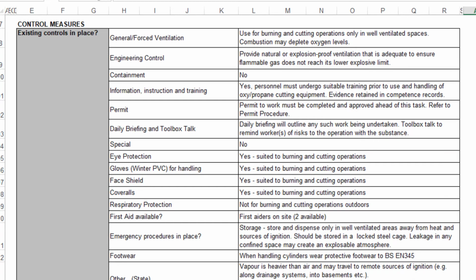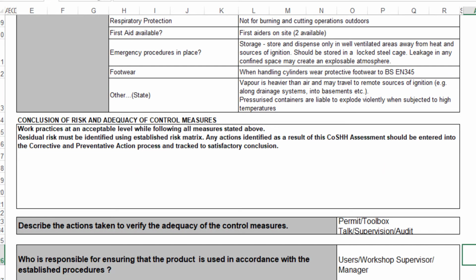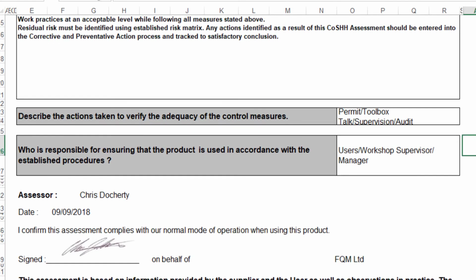We've identified with our operatives that the work practices using these substances and the controls we have in place are at an acceptable level for the work to commence. And we must recognise that we have to review this information on a regular basis and give our operatives the opportunity to feed back to us.